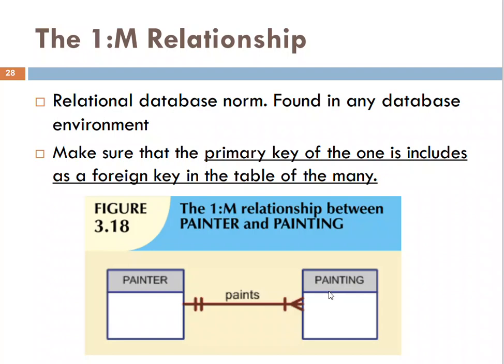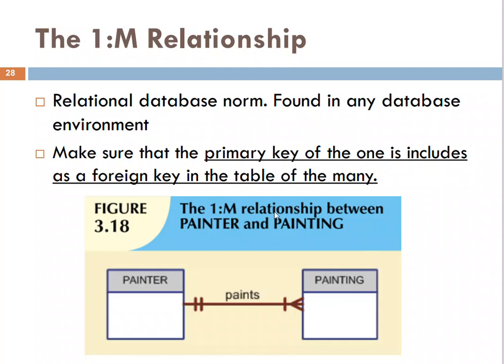So data tentang painter, dalam table painting akan ada maklumat tentang painter. Kalau pelukis tu melukis lebih daripada satu lukisan, bermakna data tentang pelukis tersebut akan wujud lebih daripada satu kali di table painting.